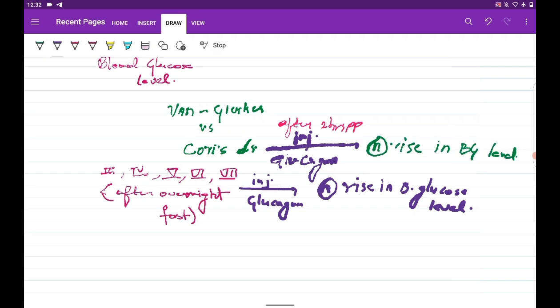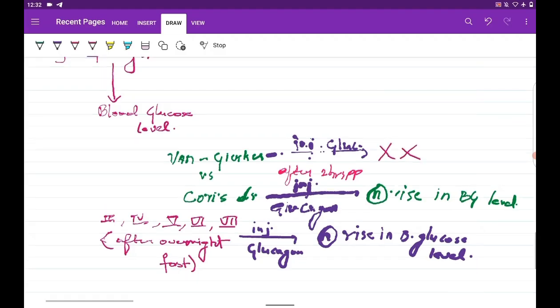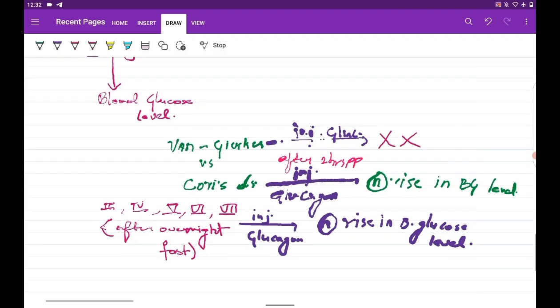But in von Gierke's, even after 2 hours postprandial, if we give the same injection glucagon, there will not be the same response, no rise in blood glucose level.